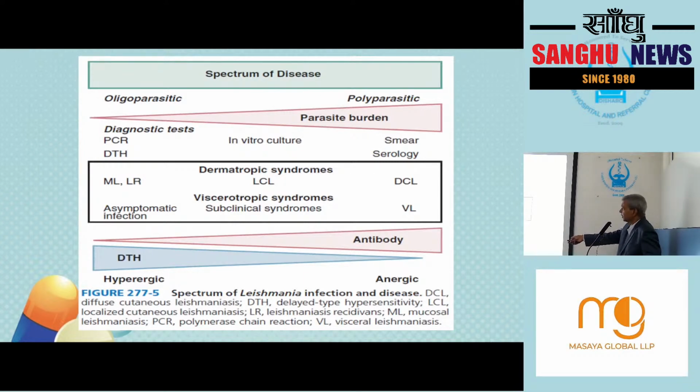From the diagnostic point of view, with good cell-mediated immunity you will develop localized CL, but with poor or delayed cell-mediated immunity you will develop mucocutaneous or disseminated cutaneous leishmaniasis.